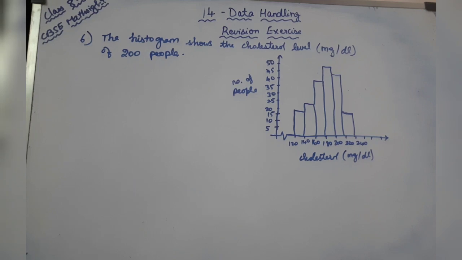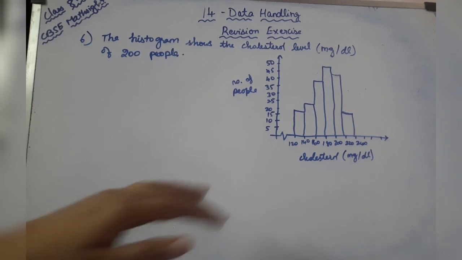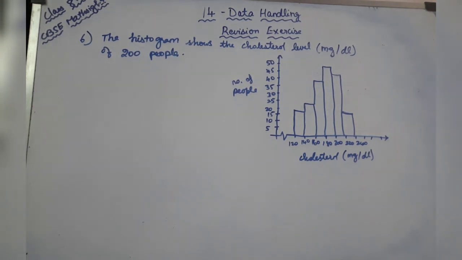Sixth one: the histogram shows the cholesterol level, given in mg per dl, of 200 people. They have given the cholesterol levels of 200 people in the form of a histogram. Look at the histogram and answer the questions. The first question is, in which interval is the cholesterol level low?